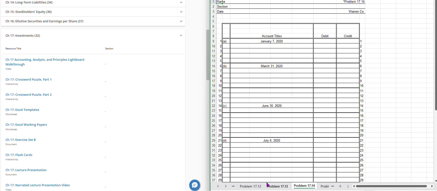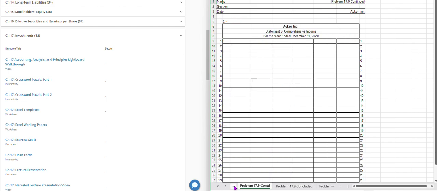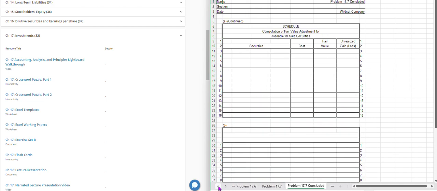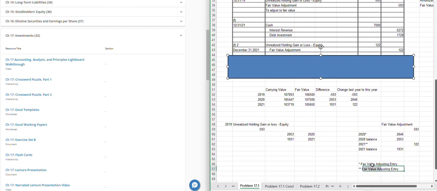I would say with this problem that we have just done together, the most challenging part for me was the fair value adjustment, kind of carrying that forward from year to year. I think it's easiest to have a couple of tables you can look at here. I did a T table, and then I did another table for the difference between the amortized cost and the fair value.